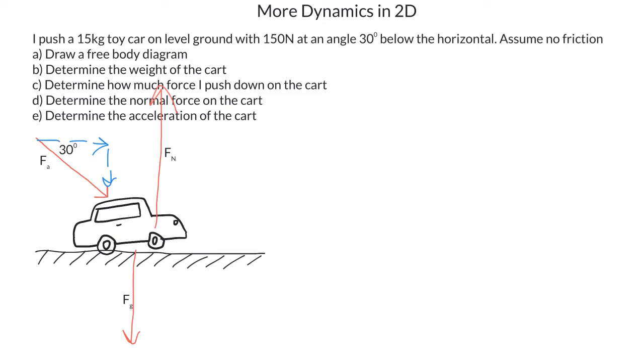And I'm going to call this one here FAY because we think of up and down as the y direction. So I'm going to label those. This is FAX. And this one is going to be FAY.